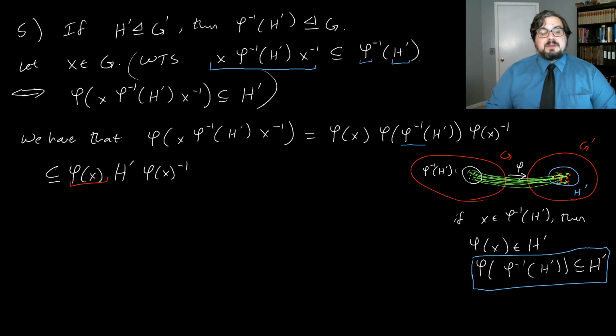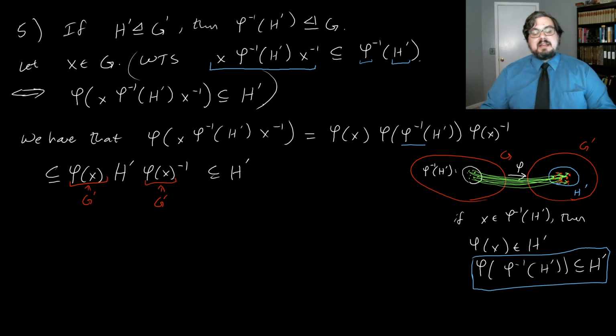And so we know that H prime is a normal subgroup of G prime, and therefore if I take anything in G prime and multiply on the left by it and on the right by its inverse, then that will be a subset of H prime. So this is since H prime is a normal subgroup of G prime.